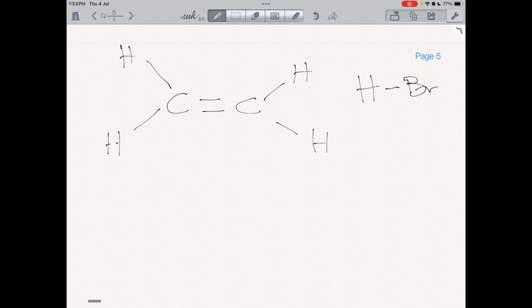One thing about addition reactions is that they give you a single product. If it was a substitution reaction, it would give you two products. So in an addition reaction, the first thing you try to find out is the electron-rich region.